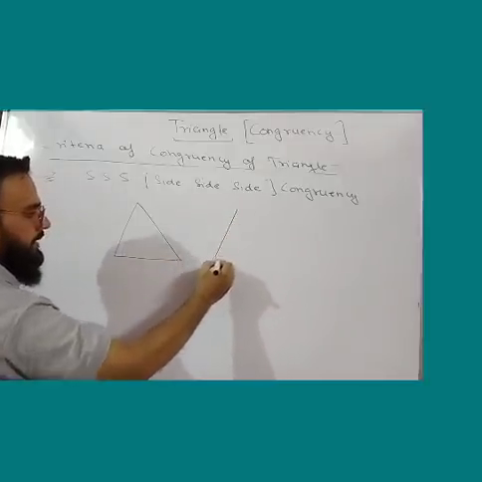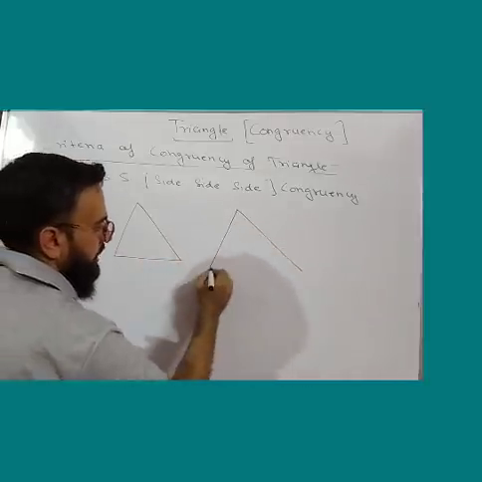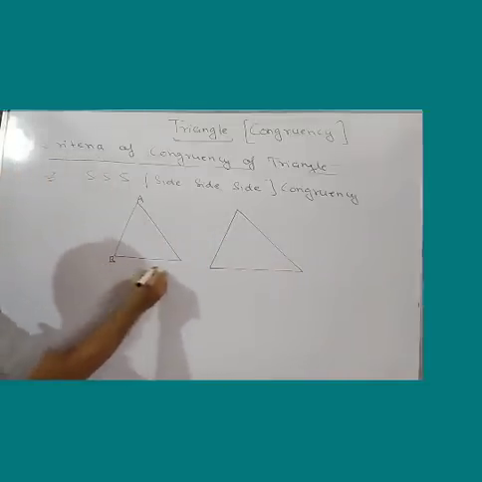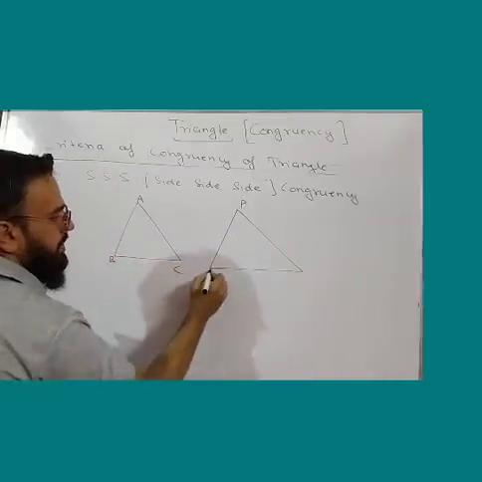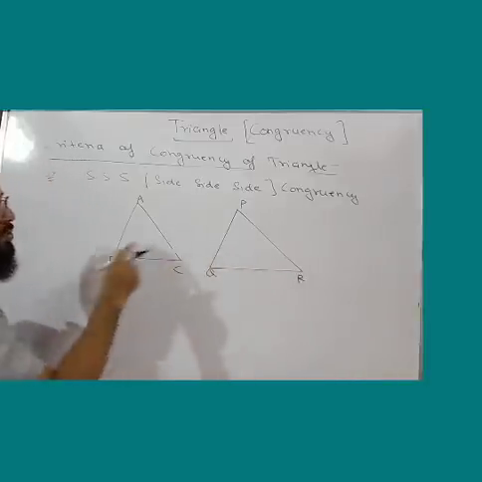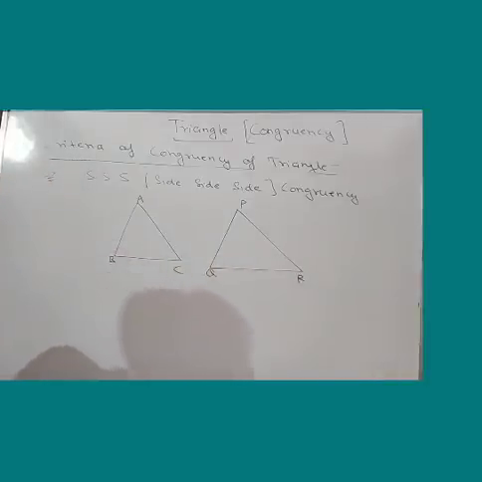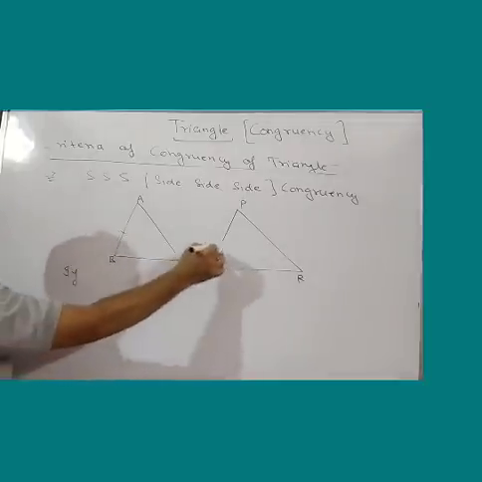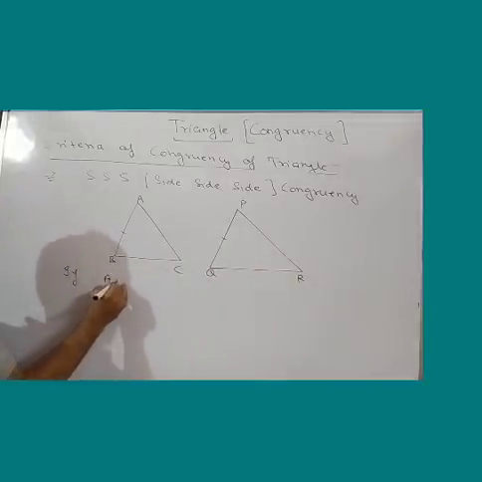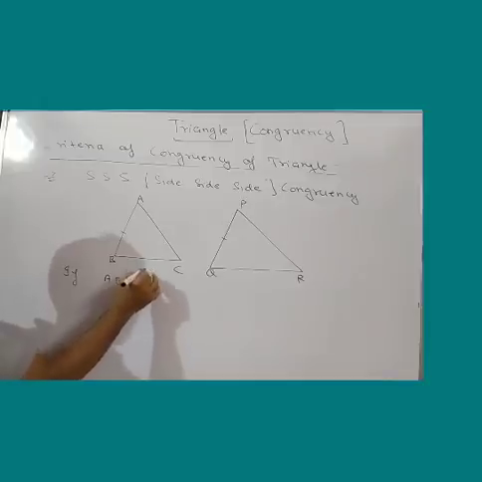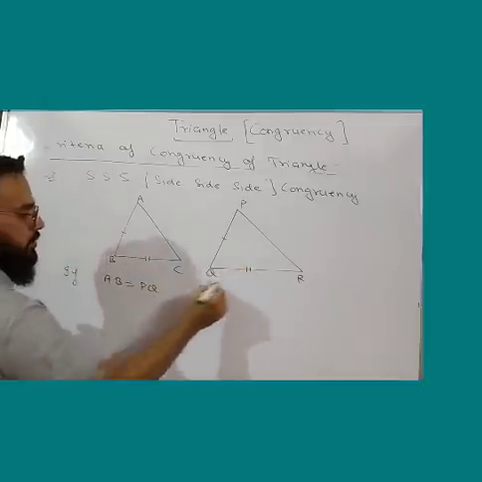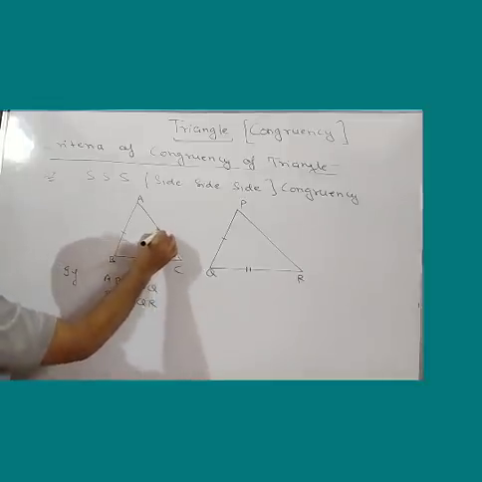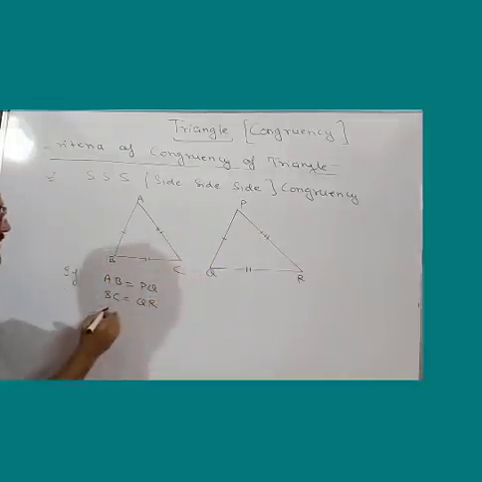that all the sides of both the triangles are equal. Suppose we have given two triangles, triangle ABC and triangle PQR, and this condition holds: side AB is equal to side PQ, BC is equal to QR, and AC is equal to PR.